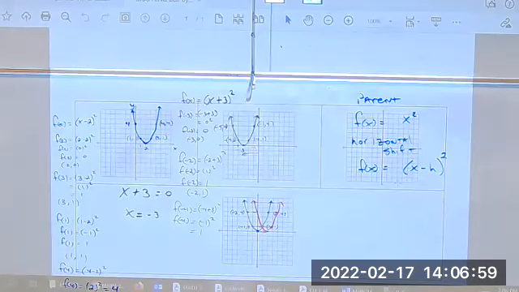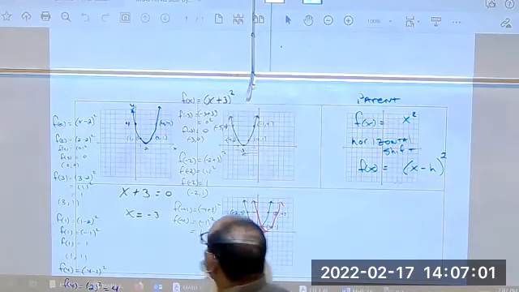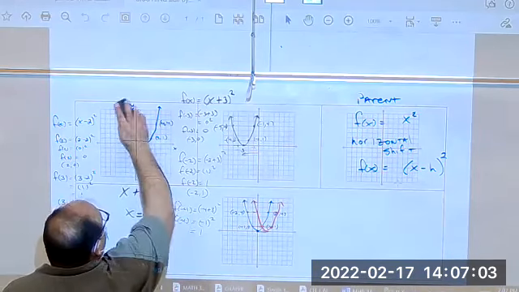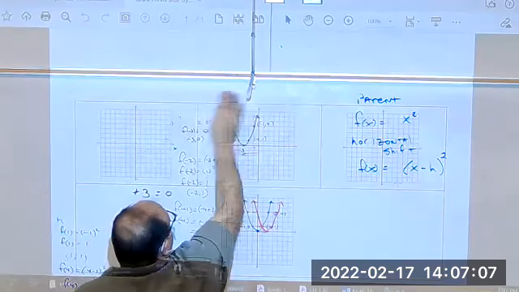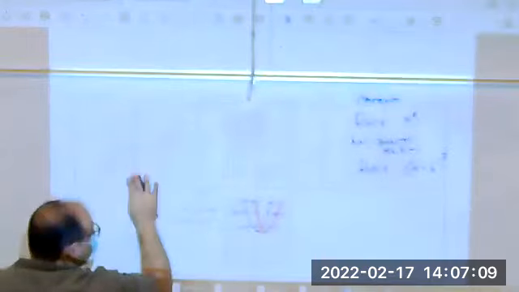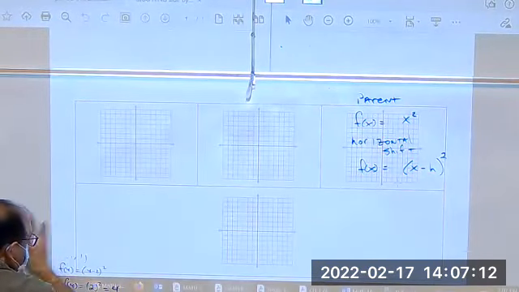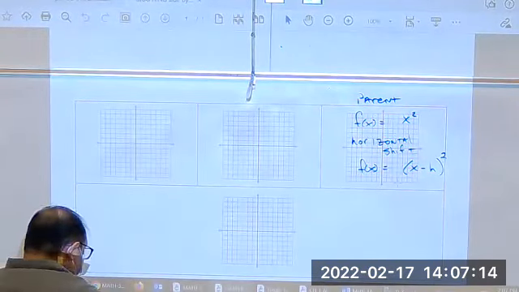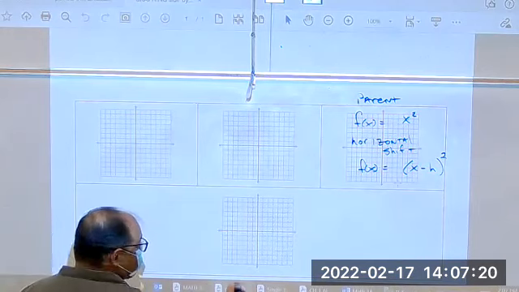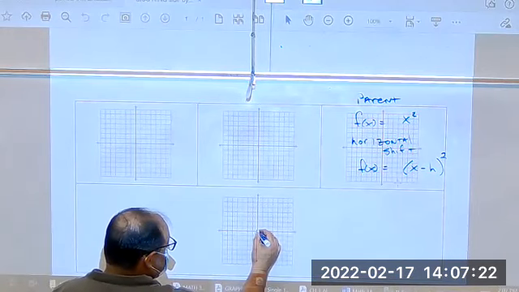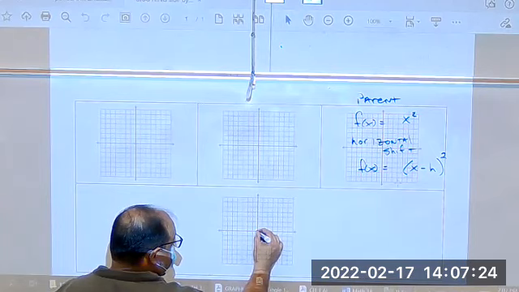The vertical shifts. What I'm showing you is true for all of the graphs that we're going to cover. So if you catch this for the parabolas, you will catch it for all of them.